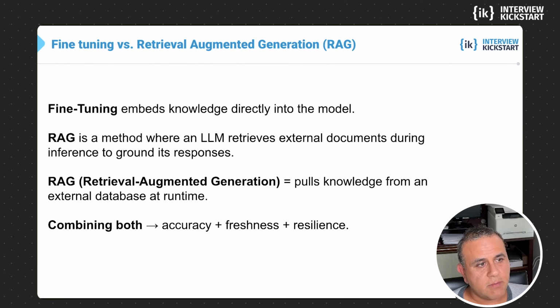So we talked about fine-tuning, embedding knowledge directly into the model. But RAG is a mechanism where the LLM gets external documents during inference time. When a question is asked, or a request comes into the model, there's usually a piece of code or an application sitting in front of it.